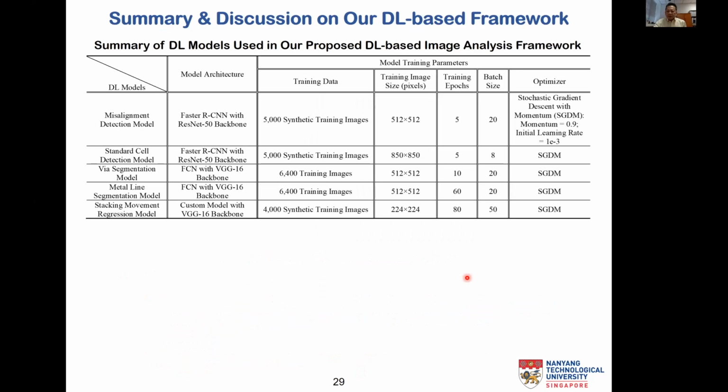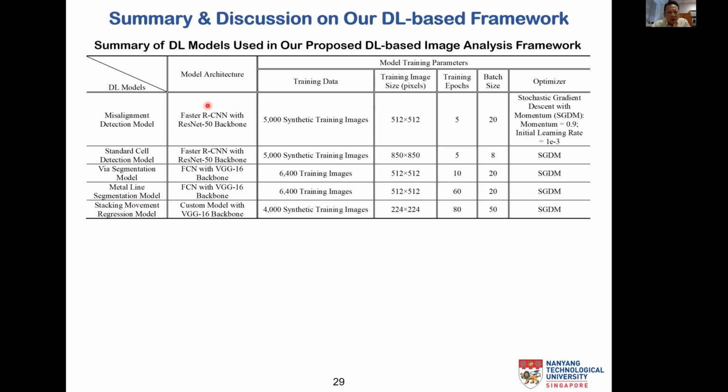So let me show you the result. I hope you can see the table. Here you can see the table, which covers the DL models for misalignment, standard cell detection, metal line segmentation, via segmentation, and the stacking model.